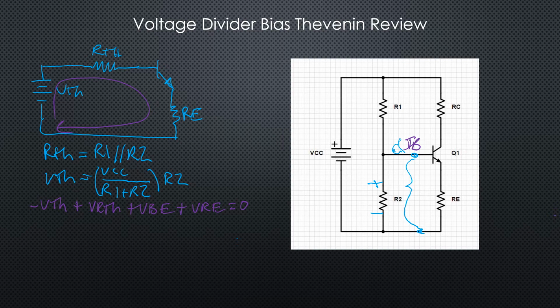So now I can rewrite this. I've got VRThev plus VRE equals VThev minus VBE.